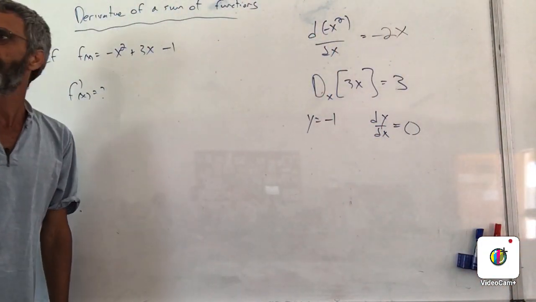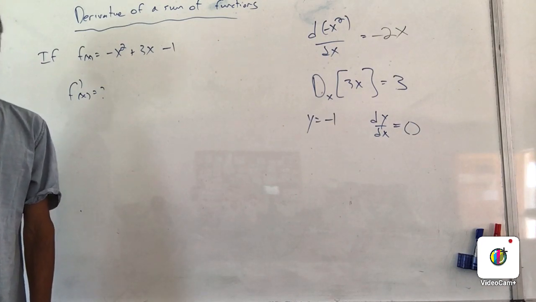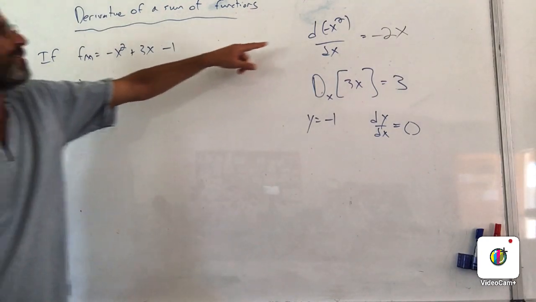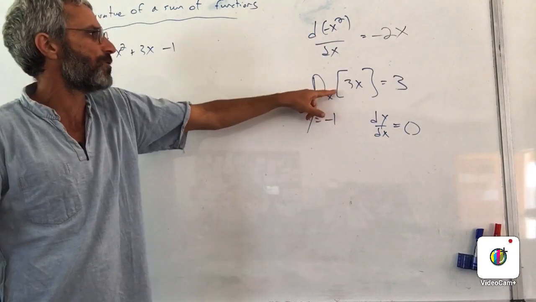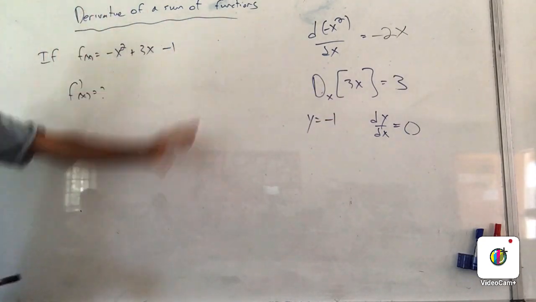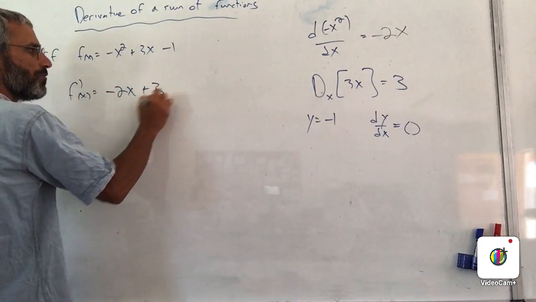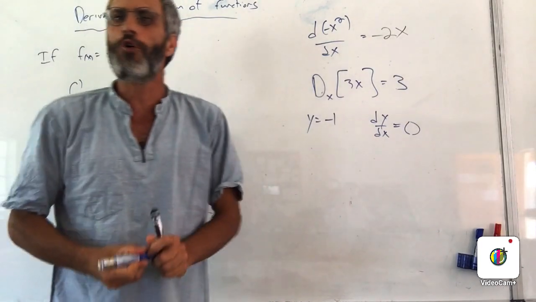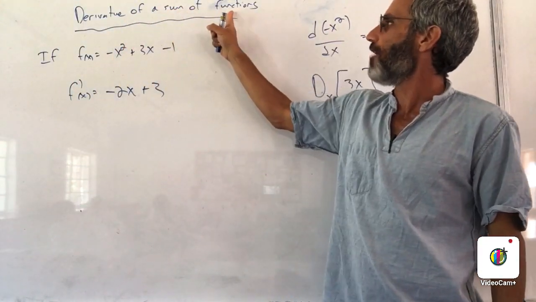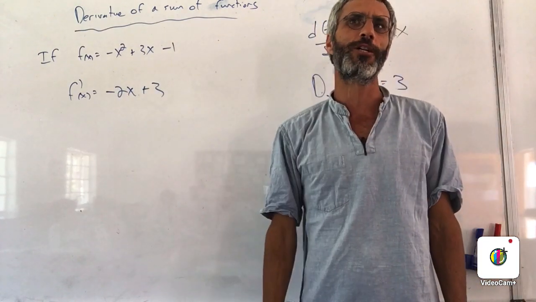No need to factorize. If the derivative of minus x squared is minus 2x, the derivative of 3x is 3, the derivative of minus 1 is 0, what will be the derivative of the whole thing? Minus 2x plus 3. So the derivative of a sum of functions is the sum of the derivatives of each one of the functions.